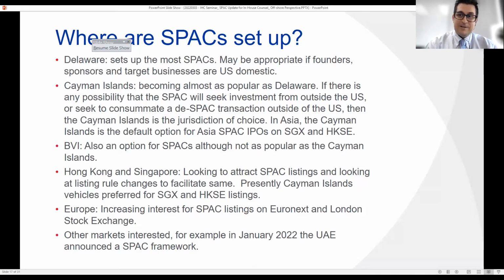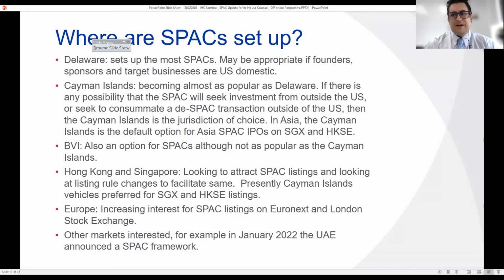If you are looking at a US-focused SPAC, which is looking at buying a target business in the US, then you're going to be looking at setting up a Delaware SPAC. However, if you are looking for a target business outside of the US, and you've got investors based outside of the US, then the Cayman Islands has become the default choice and is the next most popular jurisdiction for SPACs.